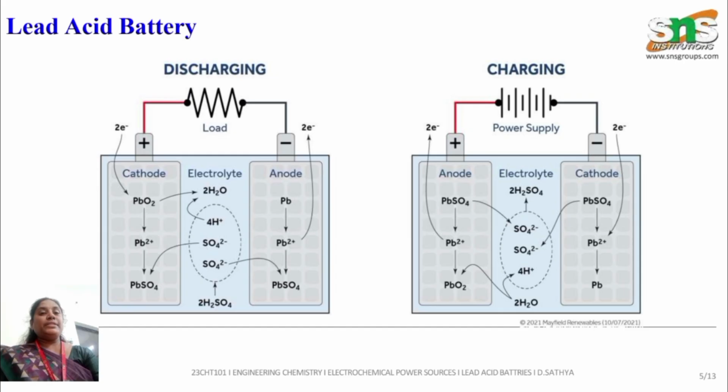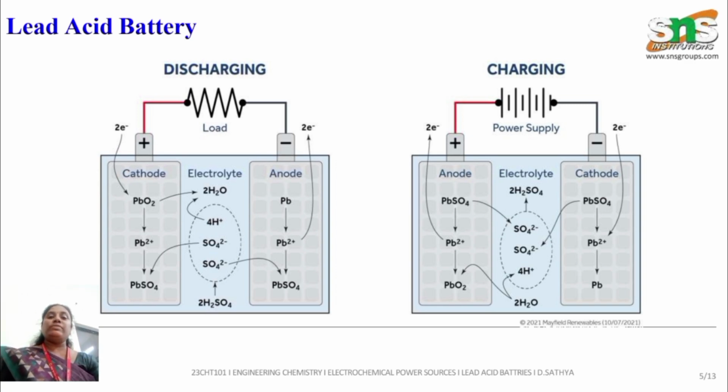Now the lead acid battery in discharging and charging. When discharging, lead loses 2 electrons to form lead sulfate. And in charging, again the lead will gain electrons to form lead oxide.